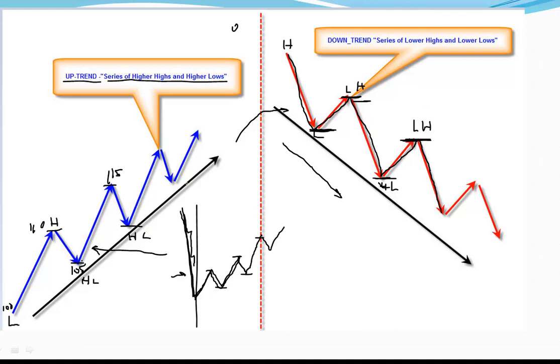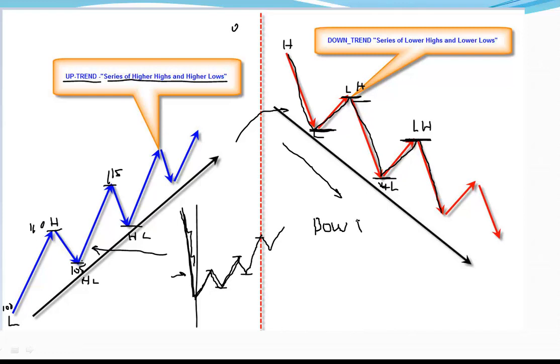So, uptrend and downtrend. Later on, in other webinars, we'll discuss Elliott wave and the components of Elliott wave, which is really one of the foundations. If we look back at the old technical analysis, it all started with the Dow theory, okay?